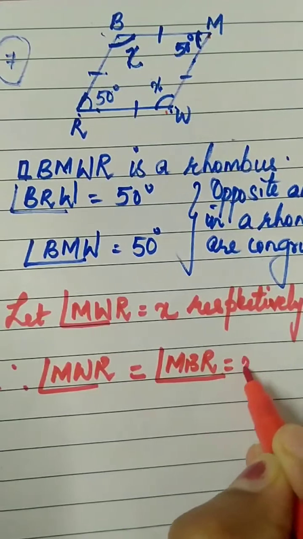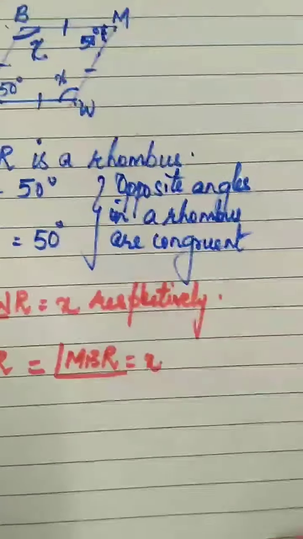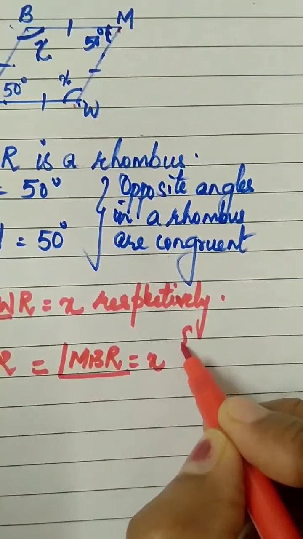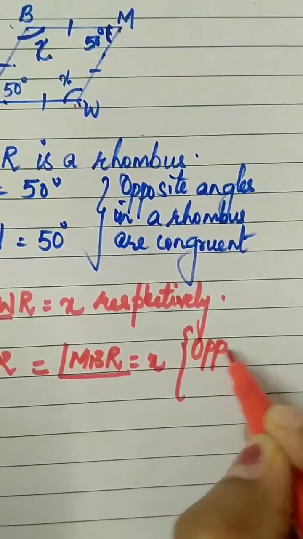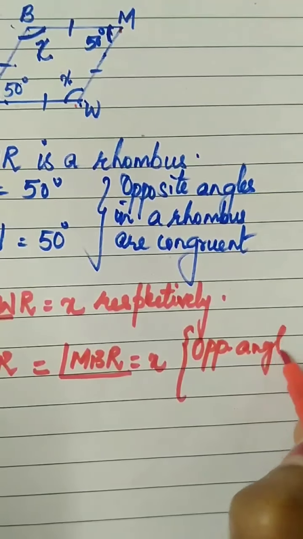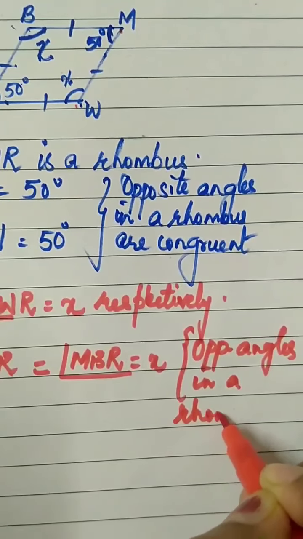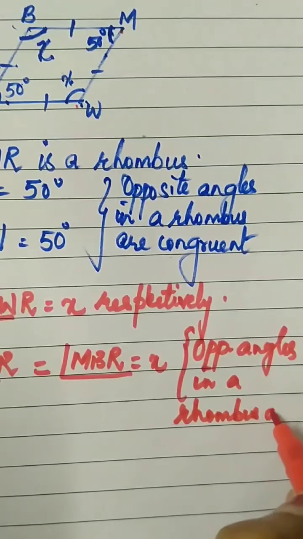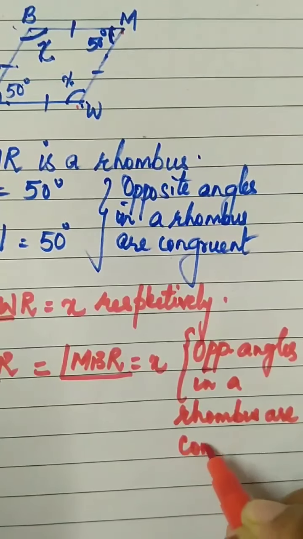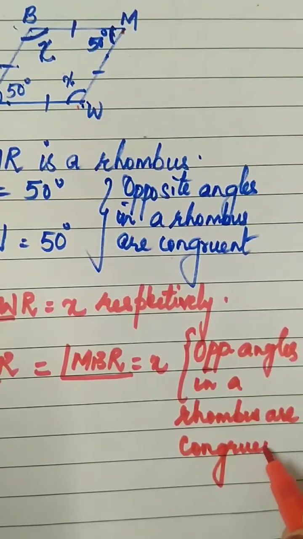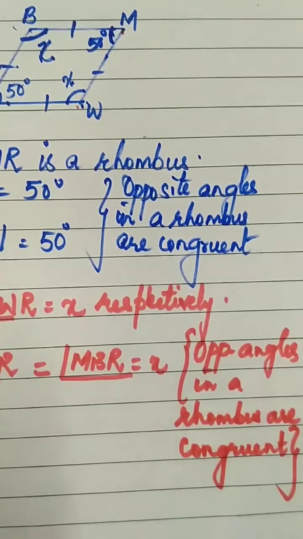Both will be x. Why? Again, you will write the reason: opposite angles in a rhombus are congruent.